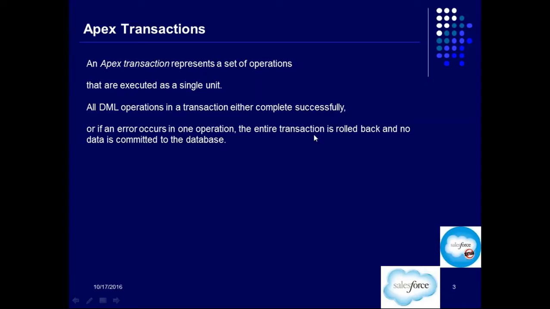Now the first DML has completed successfully. The second one, when trying to execute, encounters an error. In that scenario, the entire transaction is going to get rolled back, which means the first DML which got executed will also get rolled back, and no data will be committed to the database. So that is the concept of a transaction.